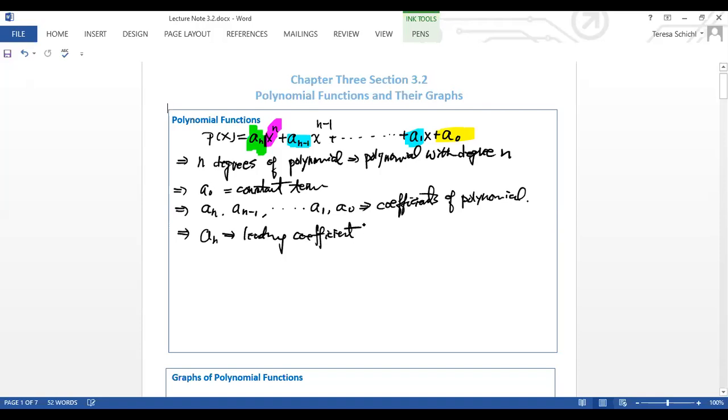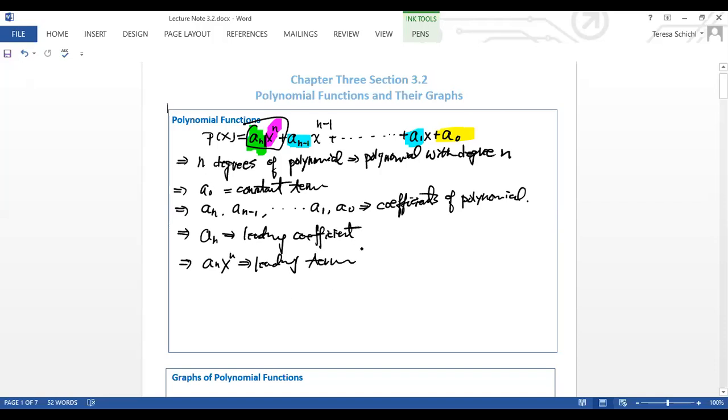That means it's the coefficient of the highest degree of your polynomial. Then the whole thing, a_n x^n, we call the leading term. That's the highest term here.